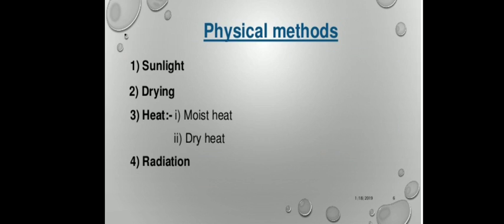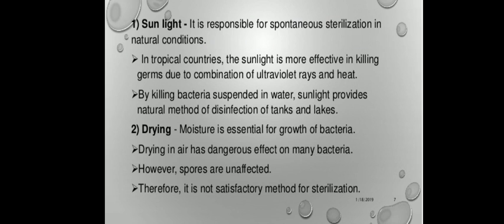In the physical method, 4 different types of sub-methods are used: sunlight, second drying, third heat. In heat, we can use 2 types of heat: moist heat and dry heat. The fourth important type is radiation. We'll see them one by one.